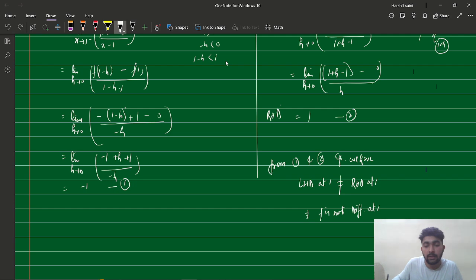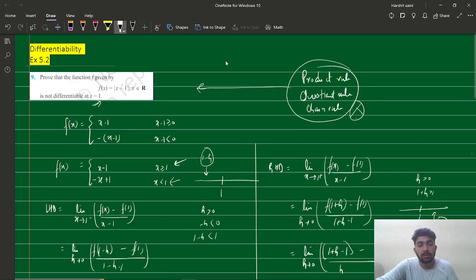Okay, hence proved. I hope you understood. I will write it in a proper manner: f is not differentiable at 1. So I hope you understood this complete question.